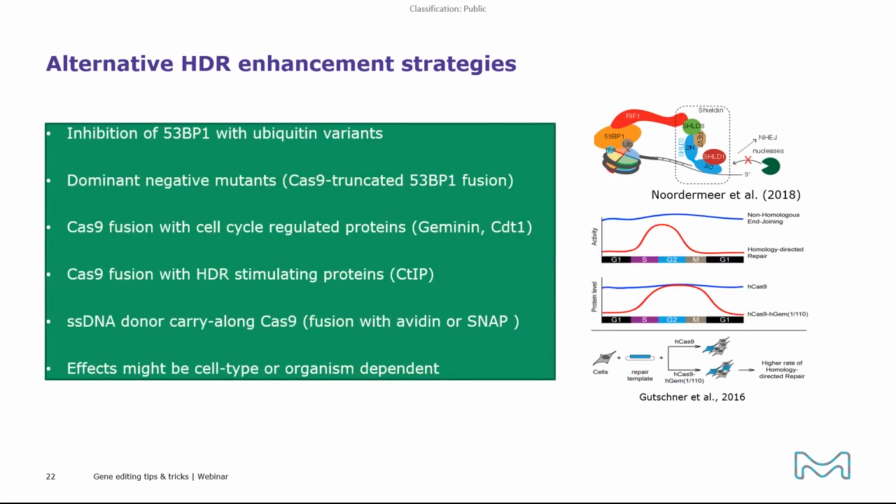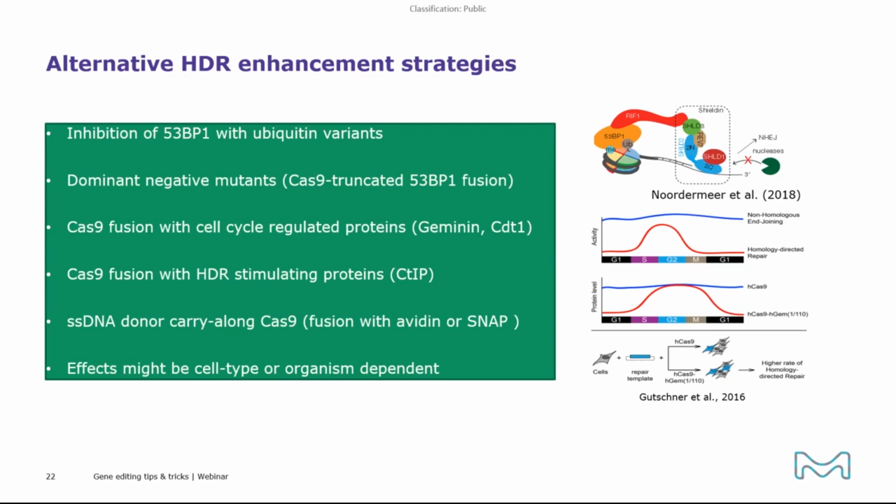Besides small molecular NHEJ inhibitors, you can also use other strategies to improve HDR editing efficiency. For example, you can use ubiquitin variants to inhibit p53 binding protein 1, which is an antagonist to HDR.